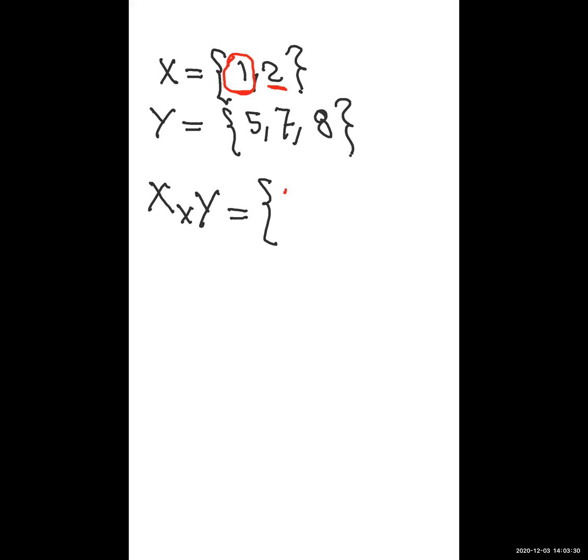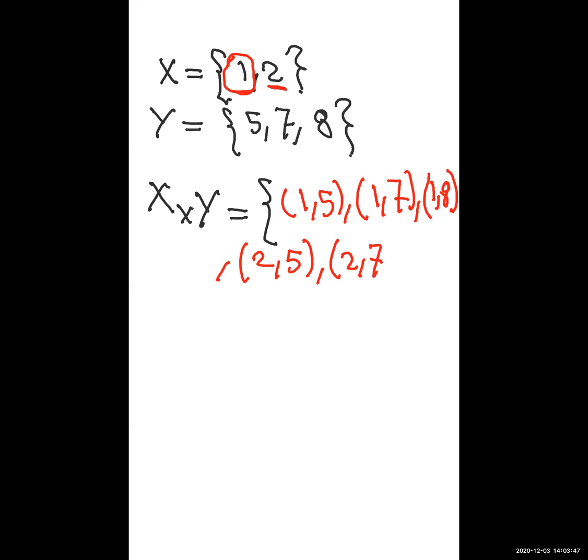So it will equal 1 and 5, then 1 and 7, then 1 and 8. Okay? Then the second element, which is 2, so 2 and 5, 2 and 7, 2 and 8. So this one is x cross y. Okay, guys, are we clear till now?